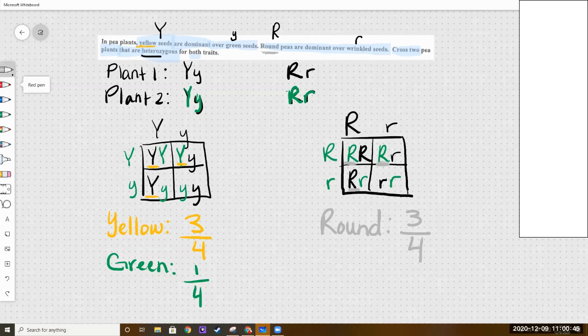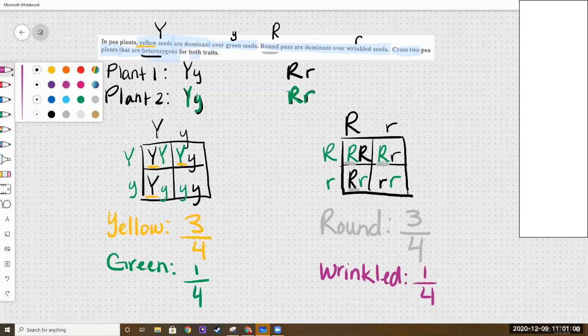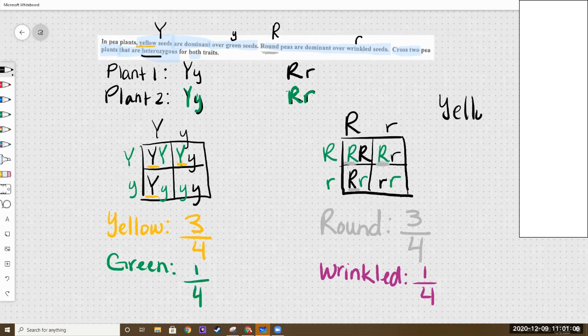And then for the other one, let's make that one wrinkled, would be only this one, 1/4. Okay. So then let's say I wanted to find out how many are yellow and wrinkled. How many kids would be yellow and wrinkled?